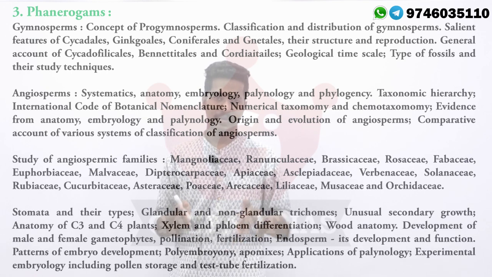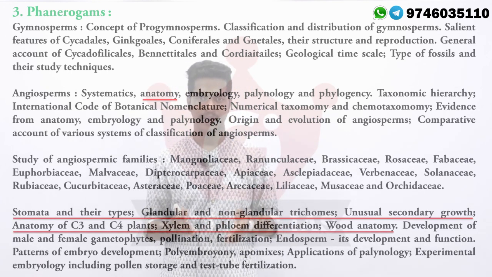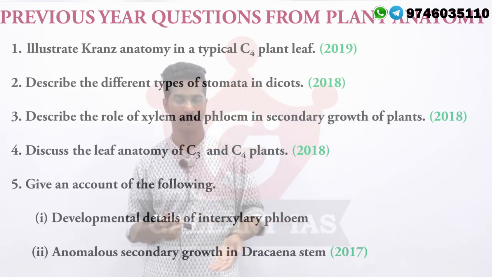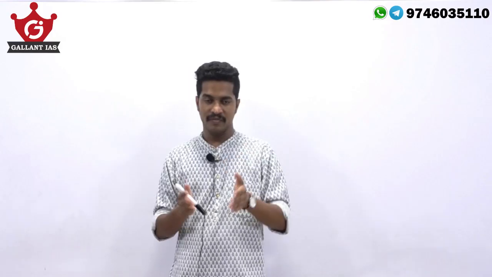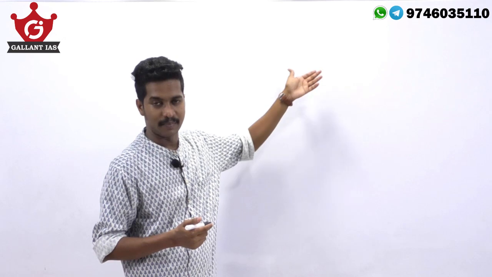The plant anatomy is included in unit 3 of paper 1. Every year you get at least one question from this plant anatomy part. When we look at our syllabus, under plant anatomy we are discussing some major topics.